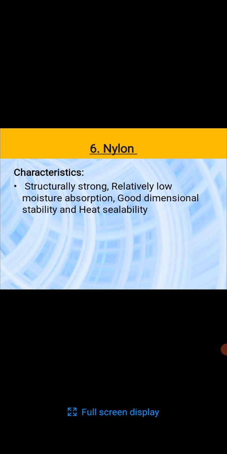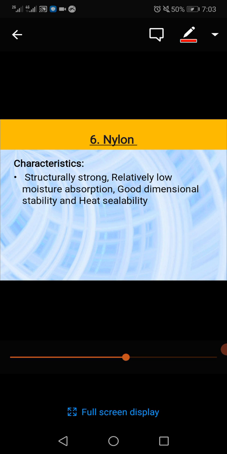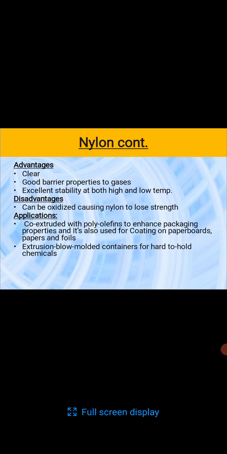Number 6. Nylon. Characteristics: structurally strong, relatively low moisture absorption, good dimensional stability and heat sealability. Its advantages are clarity, good barrier properties to gases, and excellent stability at both high and low temperature.